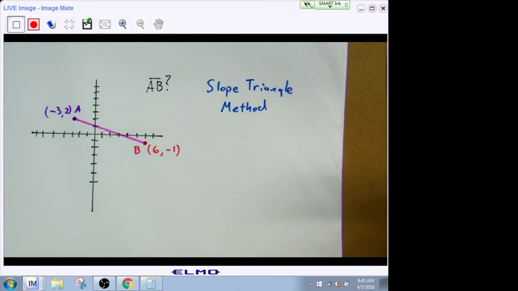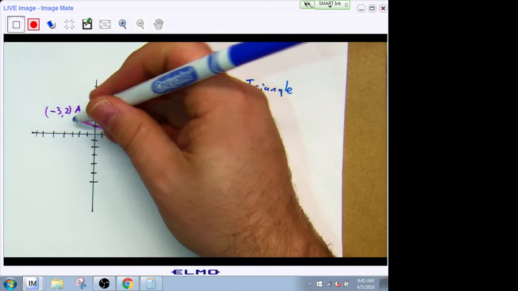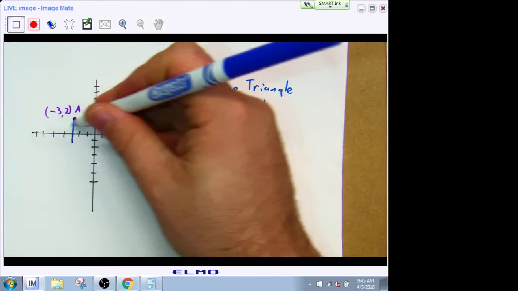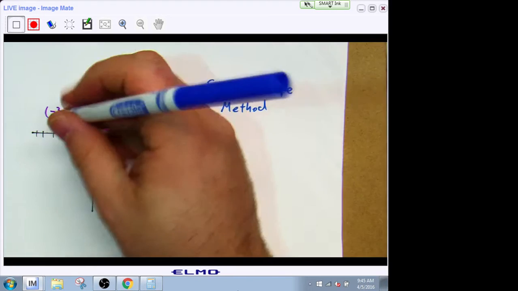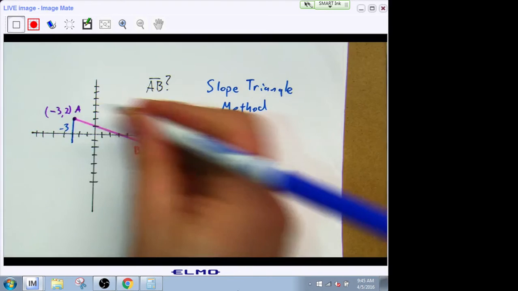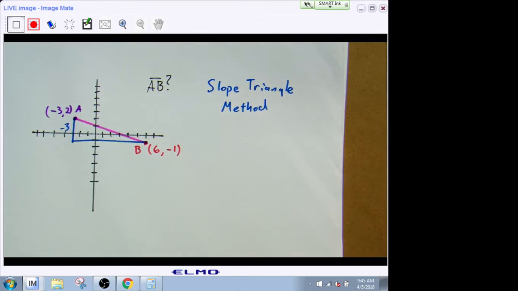is. And when we look at the slope, we're looking at the change in the y over the change in the x. And I see to get from 2 to -1, my y would go down like this. Okay? My y would travel down -3. And then to get from -3 to 6, my x would travel all the way over here.